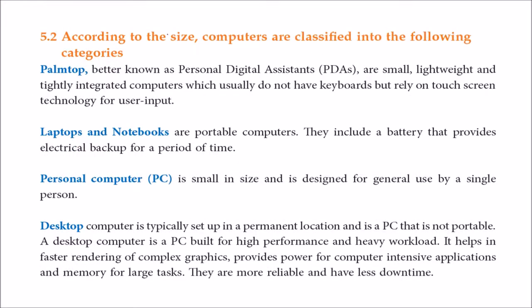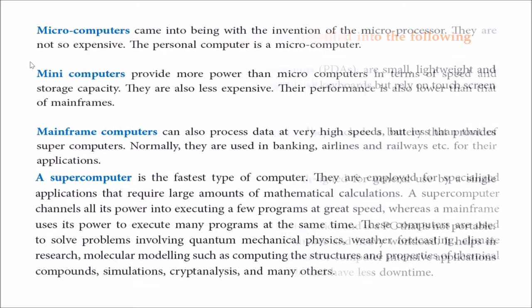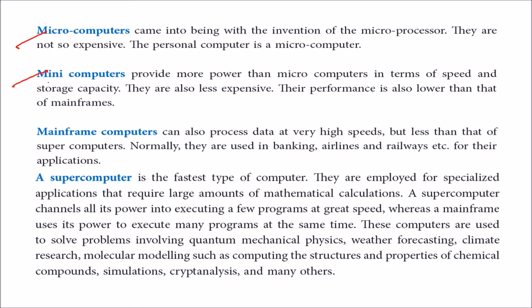When we talk about the size, computers can be classified into palm top, laptop and notebook, personal computer, desktop, then microcomputer, minicomputer, mainframe and supercomputer. Supercomputers are the fastest type of computer. They are used to do some specialized jobs.